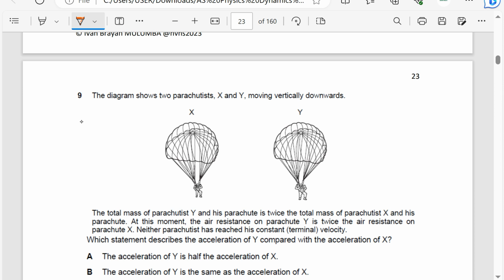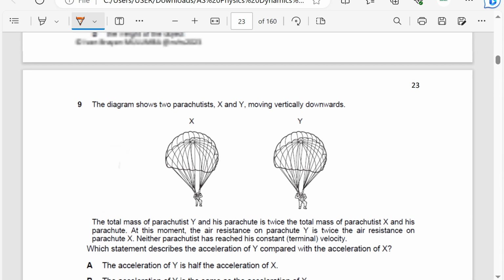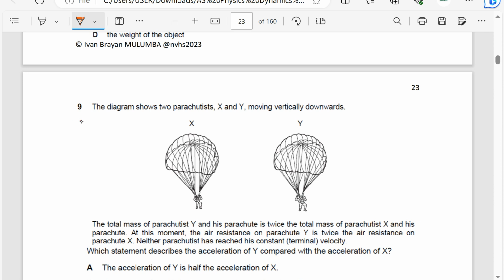At this moment, the air resistance on parachutist Y is twice the air resistance on parachutist X. Neither parachutist has reached his terminal velocity. Which statement describes the acceleration of Y compared with the acceleration of X? Okay, I want you to recall that the resultant force F is equal to mass times acceleration.